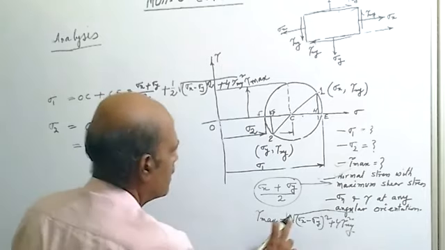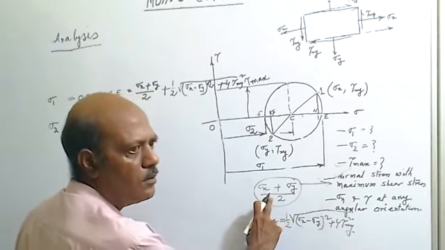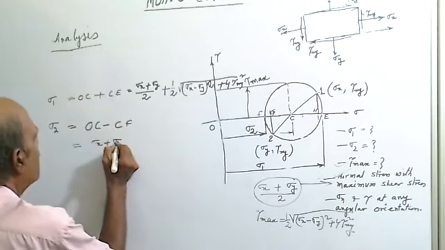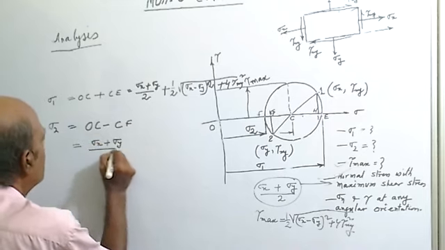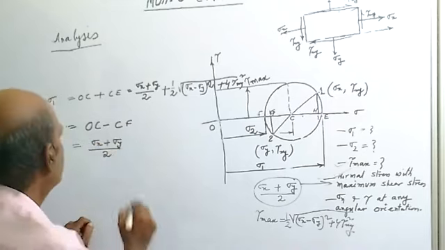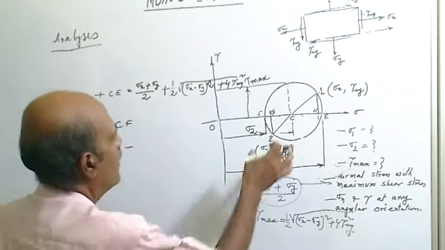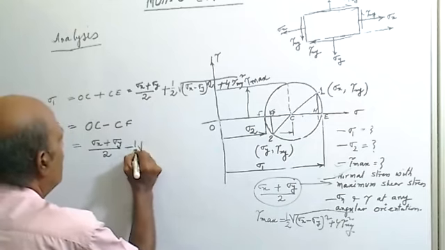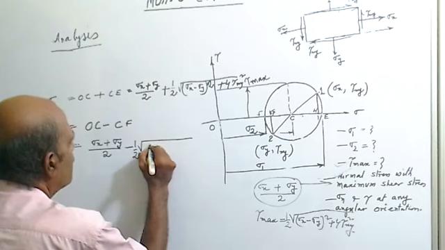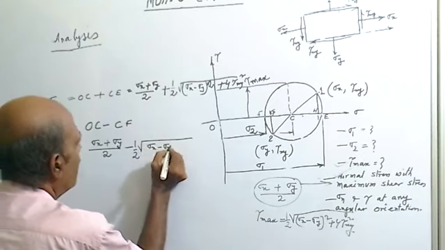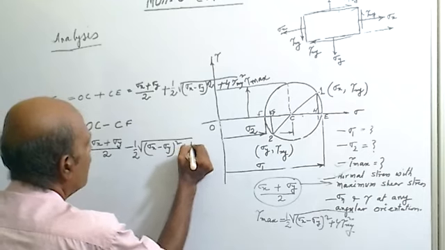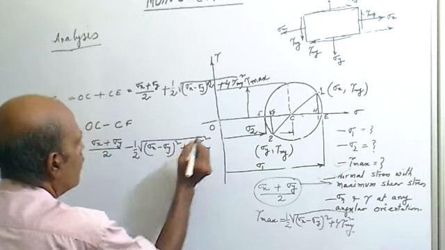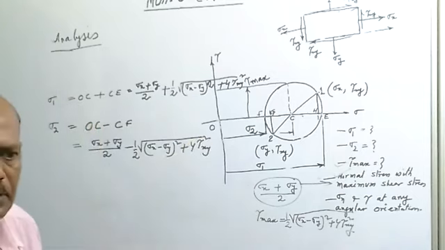This is the normal stress which occurs along with the maximum shear stress plane, so we can write sigma x plus sigma y by 2 minus CF. What is CF? CF is the radius of the Mohr circle, that is half root over of sigma x minus sigma y whole square plus 4 tau square xy. So this is the analysis of the Mohr circle.